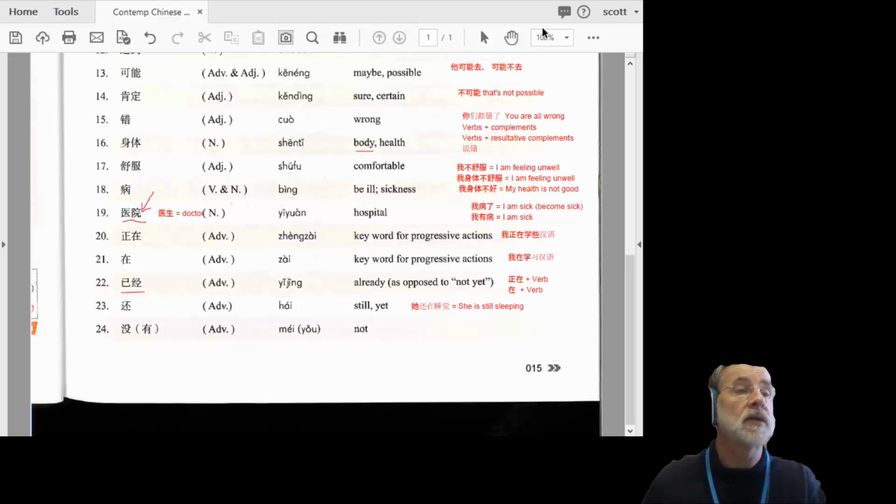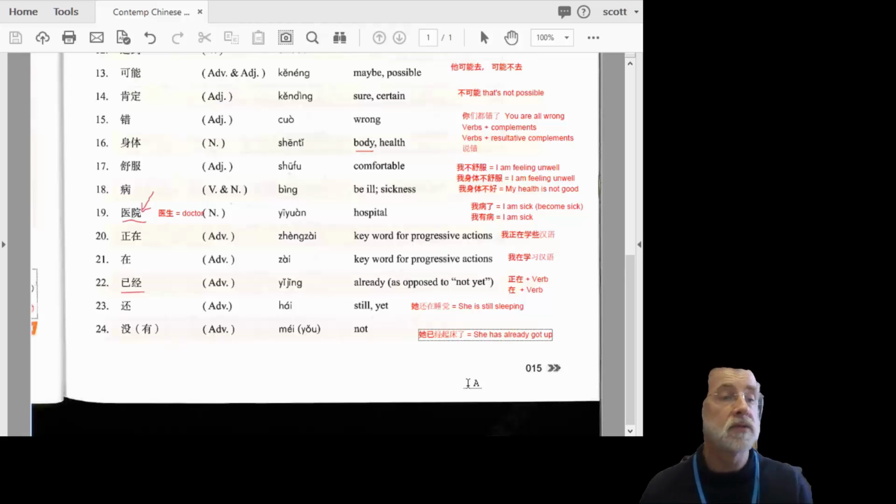So in the case of our example, 她还在睡觉, you might say, I'm going to put the example down here, 她已经起床了. She has already got up. Okay, so that's just a simple example. That's actually one of the ones that comes up in the dialogue, how you use 已经.